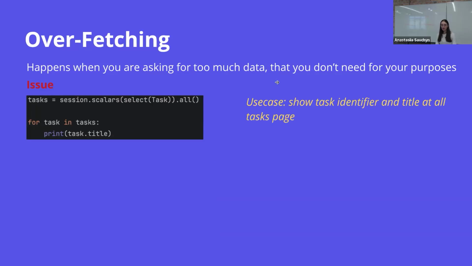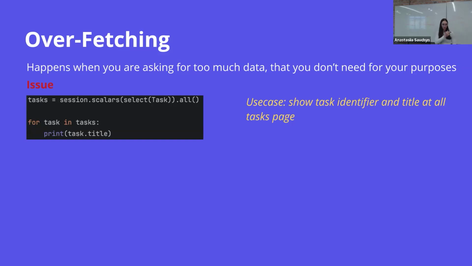Okay, the next thing is overfetching. Overfetching happens when you ask for too much data that you don't need for your purposes. Let's focus on our use case. We have to show the task ID and the title of the task on the overall tasks page. For example, we have such a page with the tasks, name 1, then name 2.